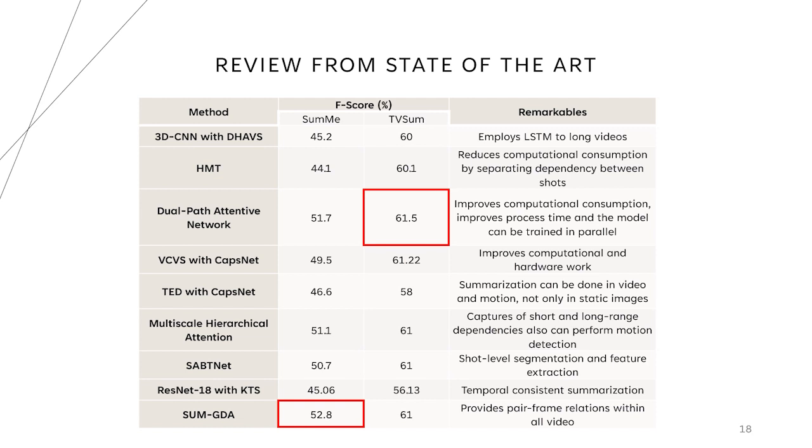In this section, it's worth mentioning 2 works that stand out from the rest. One being the dual-path attentive network method for the high score on the TVSum dataset, and the SUM-GDA with the highest score in the SumMe dataset.